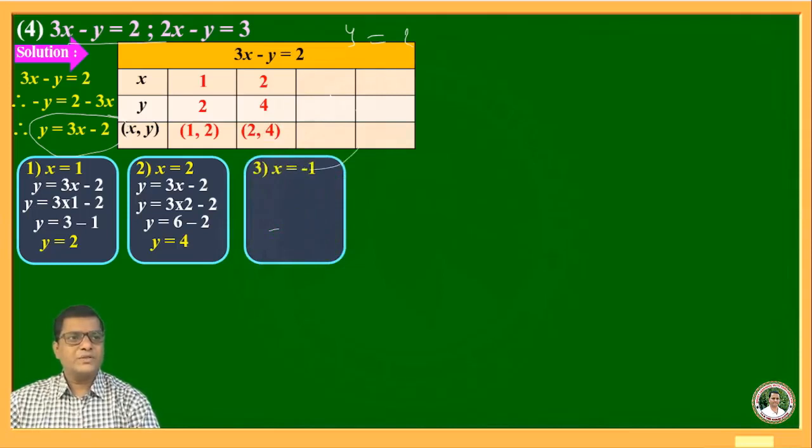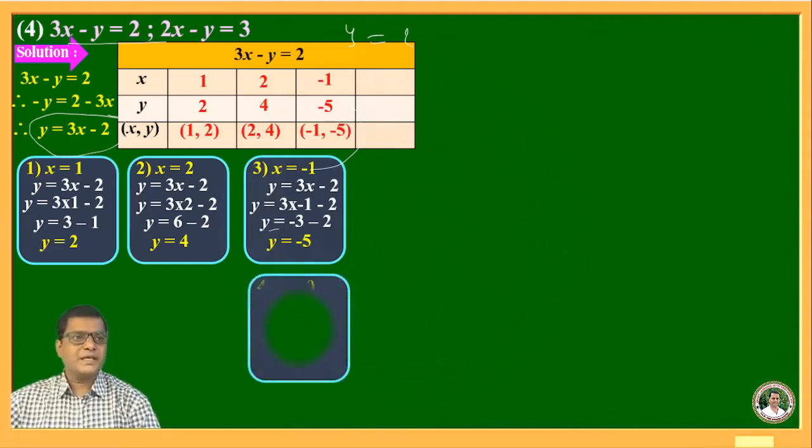Write this value in the table, minus 1, and substitute x is equal to minus 1 in the given equation. Then we will get the value of y is minus 5. Write this value in the table and we will get the coordinates of the point minus 1, minus 5.